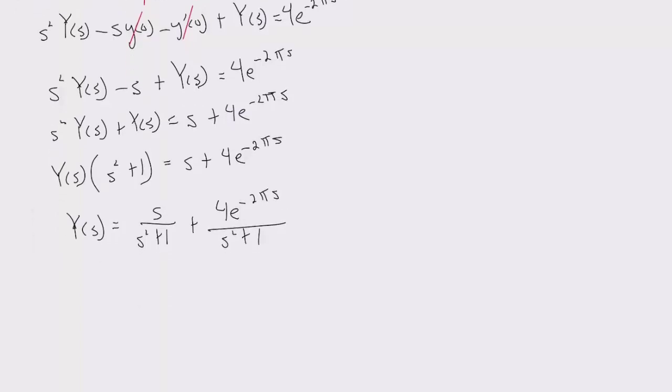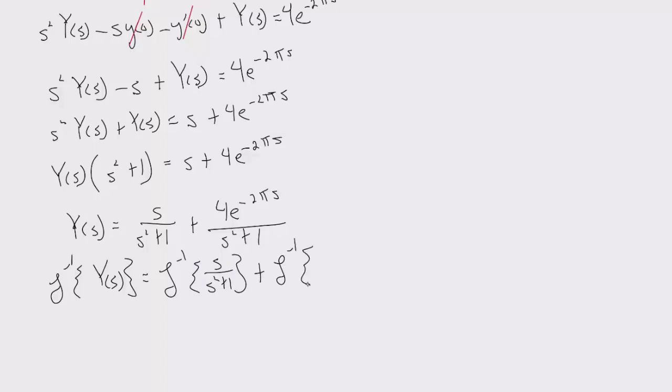Okay, then we want to do our inverse Laplace on each of these terms. And hopefully we are familiar with some of the translations there. s over s squared plus 1, or 4e to the negative 2 pi s over s squared plus 1. Okay, so that is just going to give me y of t. s over s squared plus 1 is cosine t.